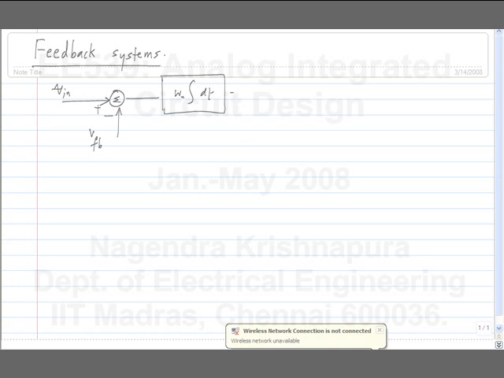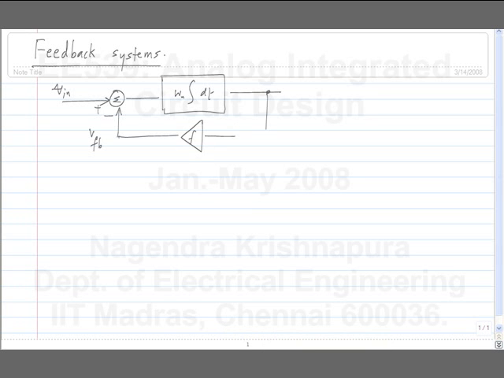And the output of the integrator is the output of the feedback system, and a fraction of it gets fed back. That's the idea. So, what we need is a differencing block plus integration.